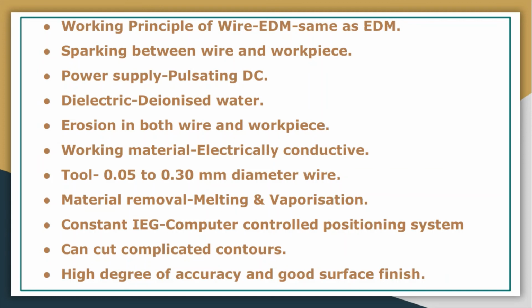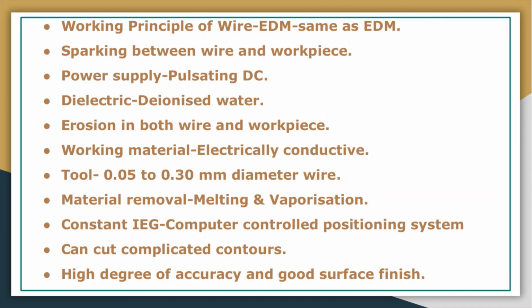So material removal occurs because of sparking in between this wire and the workpiece, and a very small gap, that is 25 microns, you have to maintain by using the positioning control system. So sparking occurs in between this wire and workpiece, and material removal takes place because of melting and vaporization of the work material.